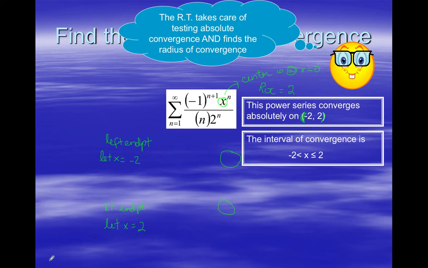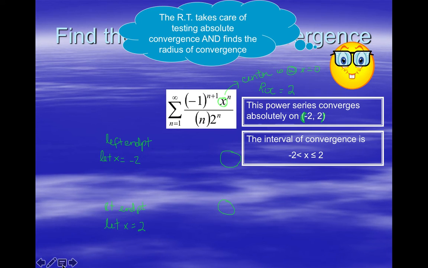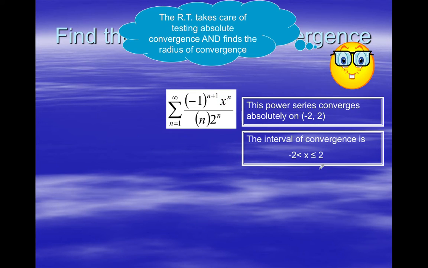Therefore, the interval of convergence has an equality only at the right endpoint.